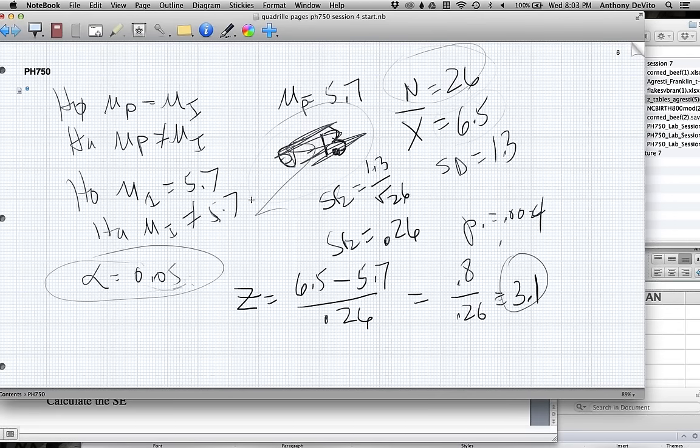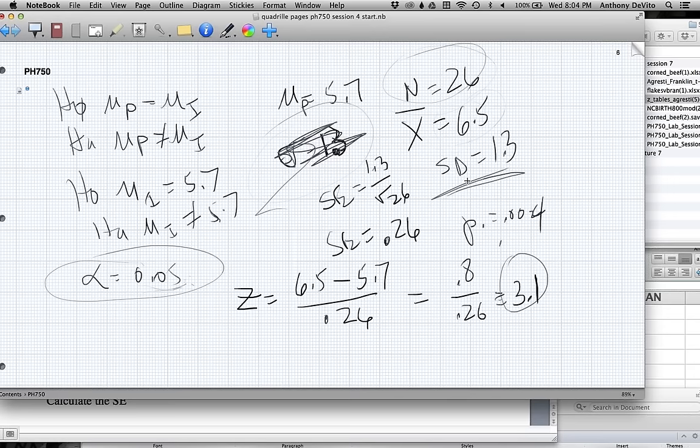That's not a large enough sample for me to assume that the standard deviation is a good approximation of the population standard deviation. So now I have to make accommodation for the fact that I don't know the population standard deviation as well as I would like, that this is introducing more error into our calculation.